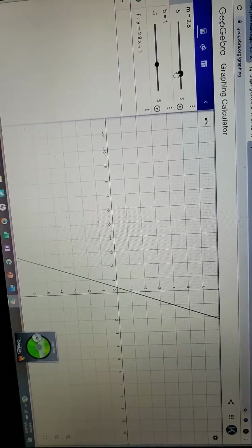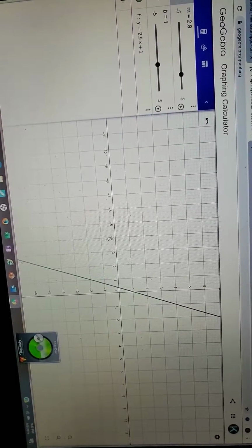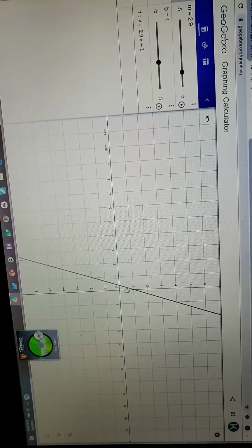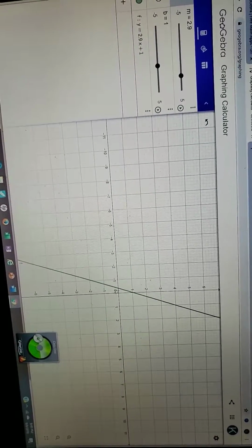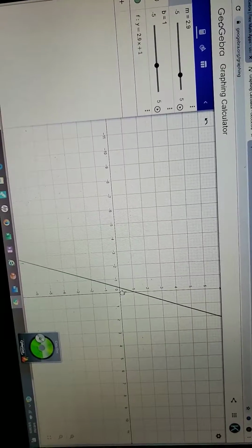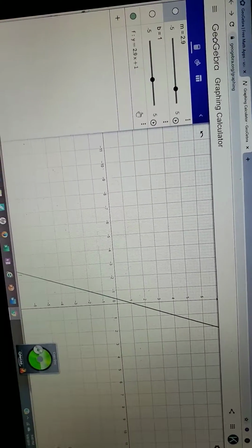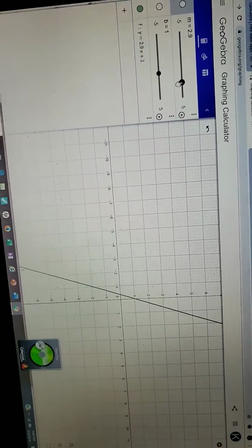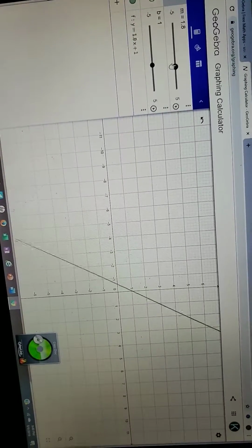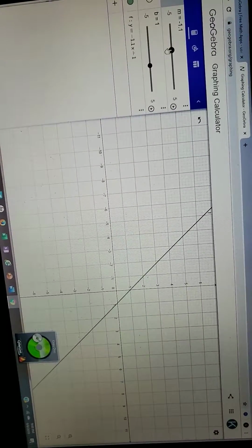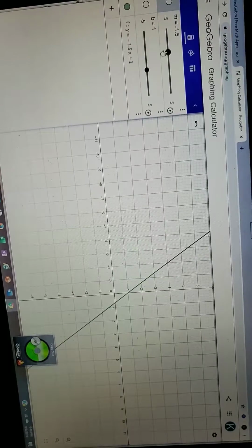So see, I have the slope, rise over run, is 2.9 right here. So let me go to a negative slope. The graph will change. So you see the graph change completely.